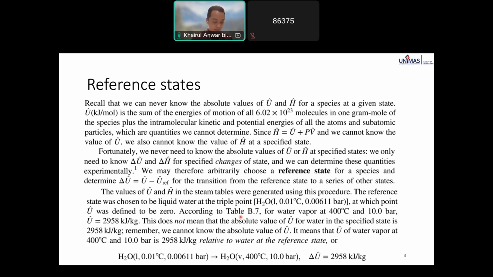So for table B7 you need to refer to the book, appendix B, page 650.